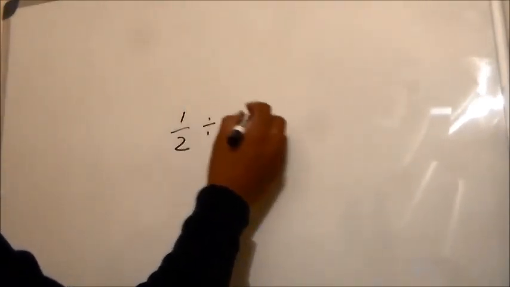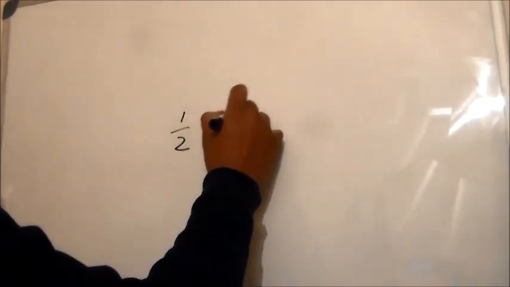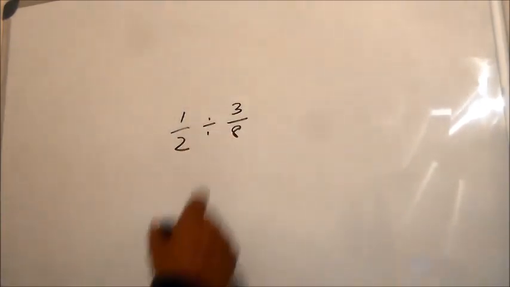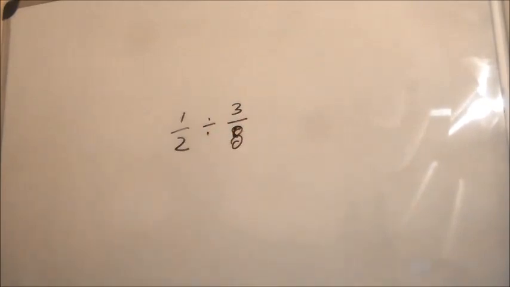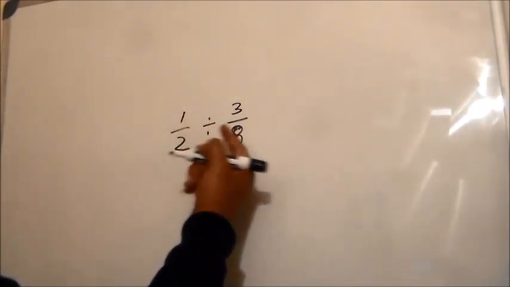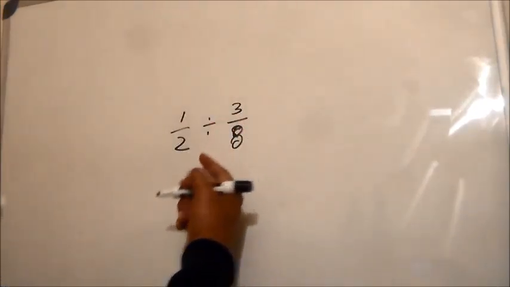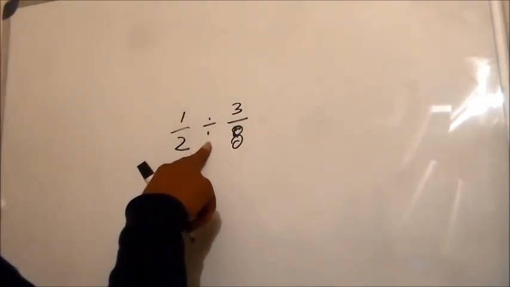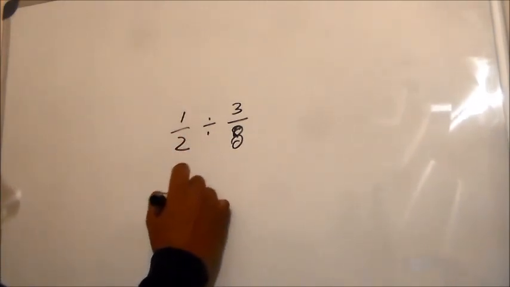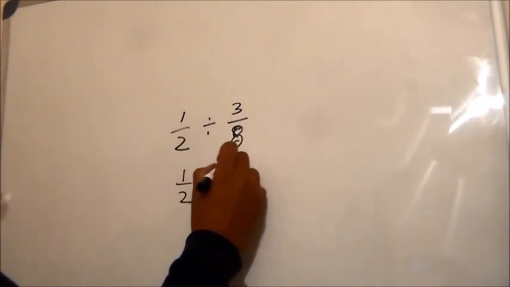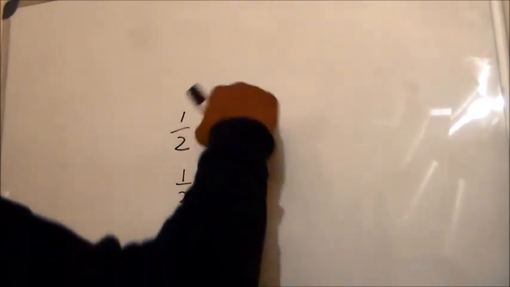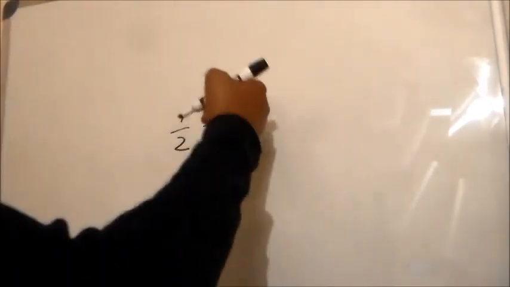If you haven't done division of fractions, let's do this: 1/2 divided by 3/8. Well, if you understand fractions and division, this 1/2 is multiplied by the reciprocal. So when you see the division sign in the middle, it is 1/2 times 8/3. The reciprocal is the same fraction, just flipped over.